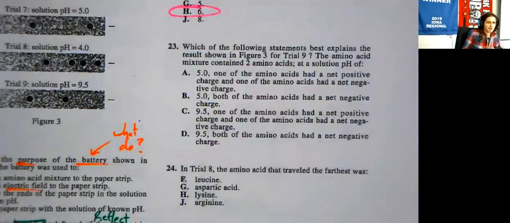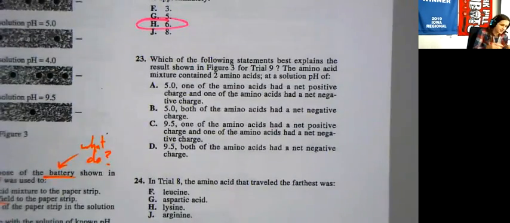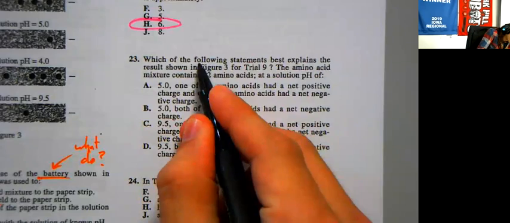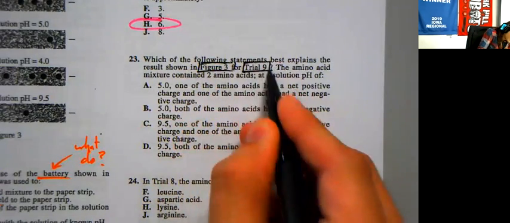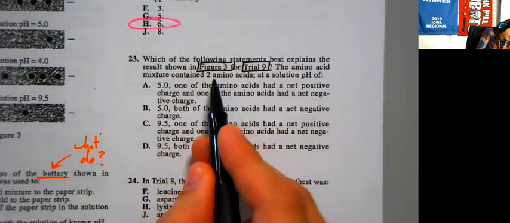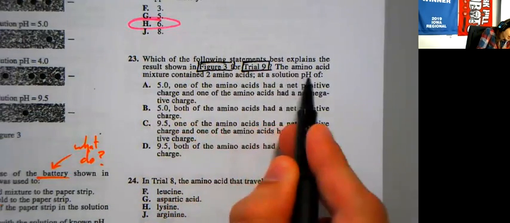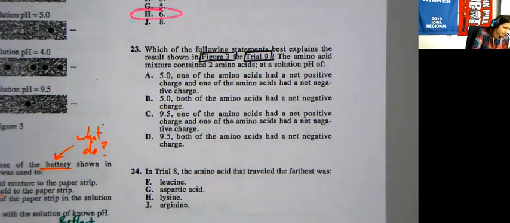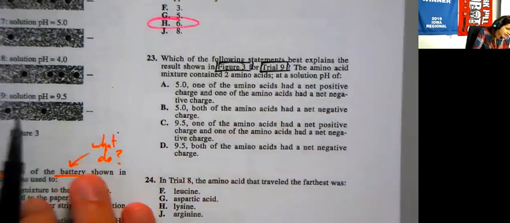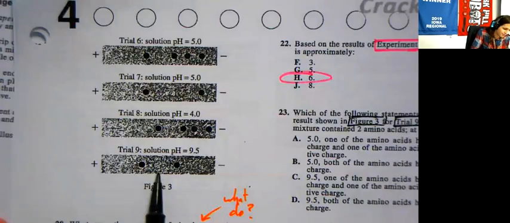Number 23, which of the following statements best explains the results shown in figure 3 for trial 9? The amino acid mixture contained 2 amino acids at a solution pH of... Okay. Figure 3, trial 9. I've got a circle in the middle. One went right, one went left.